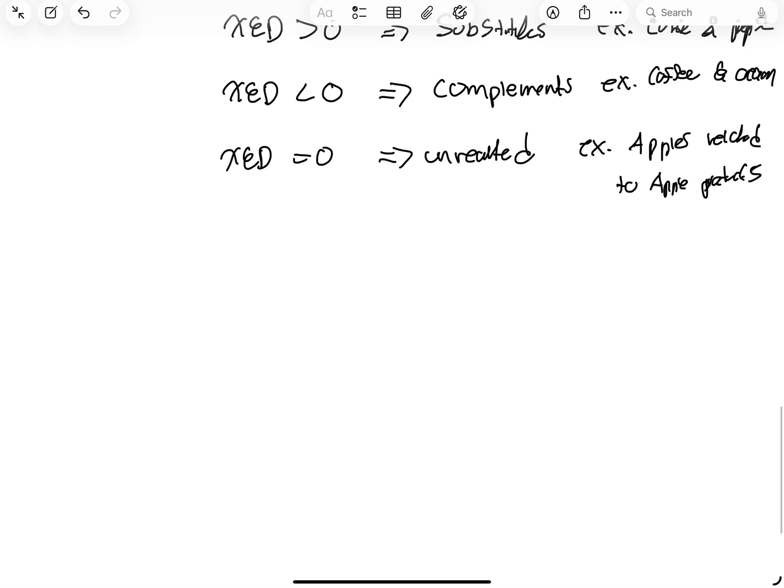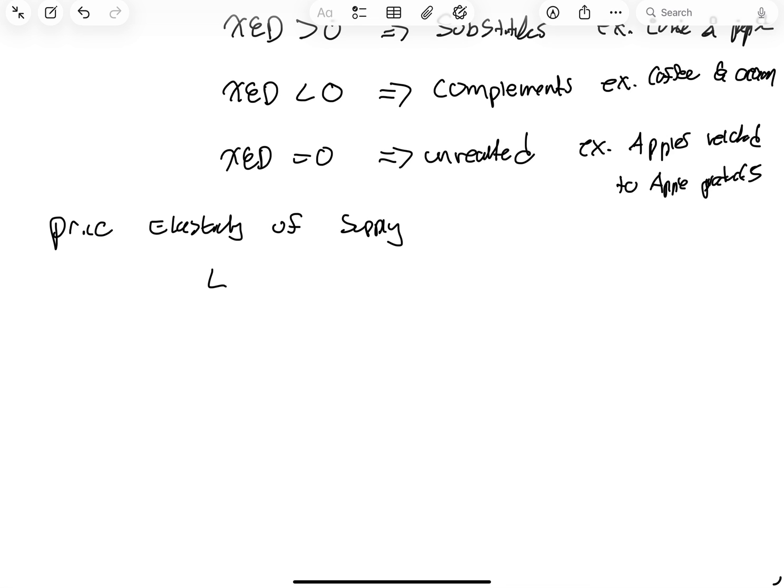All right. The last one we're going to talk about is price elasticity of supply.